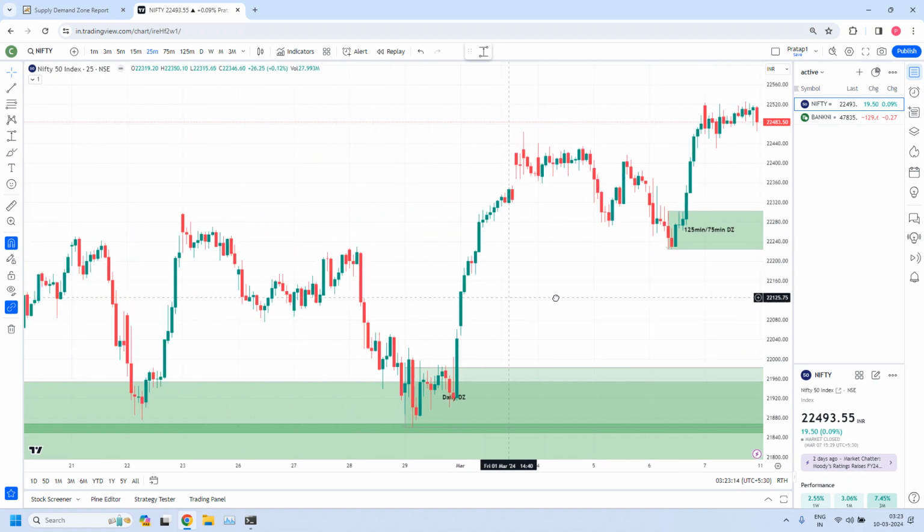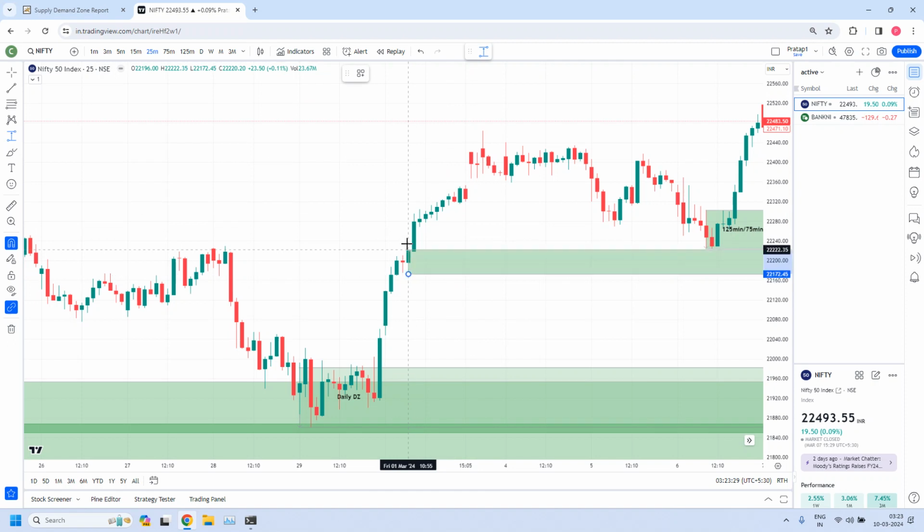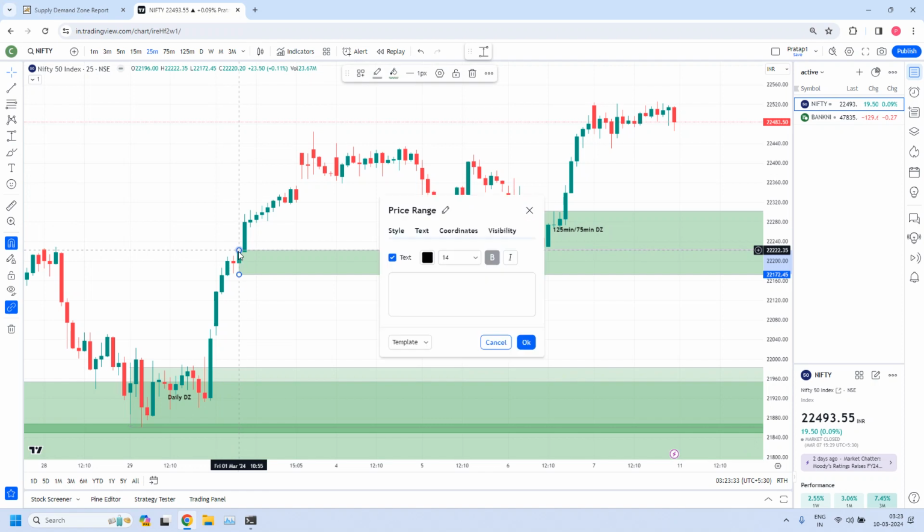This is the 1st March. This is 10 o'clock. This is the leg-in. These two are the base candles, and this is the rally. So this is the 25 minutes high liquidity zone.